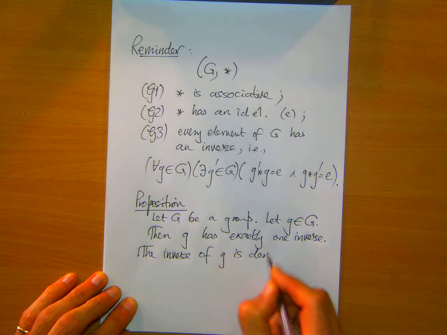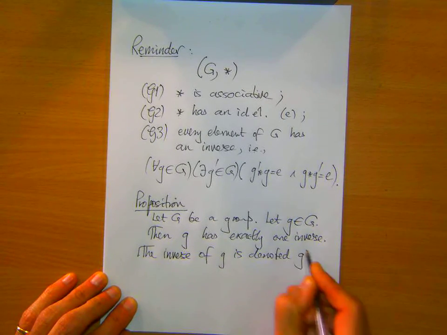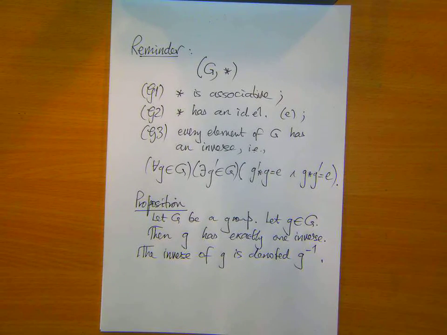So this is what we did last time. The inverse of g is denoted g to the minus 1. That's multiplicative notation. If we were using additive notation, the inverse of g is denoted minus g. But in our generic multiplicative notation, we use g to the minus 1.